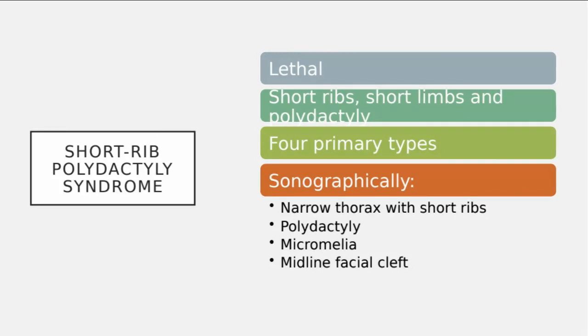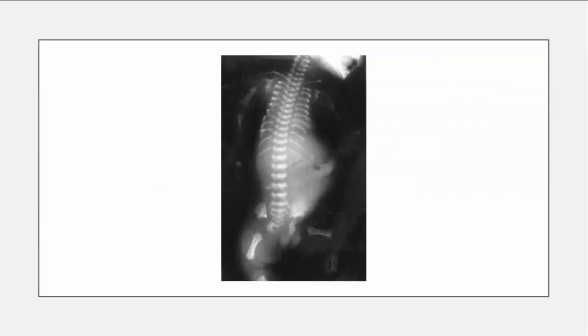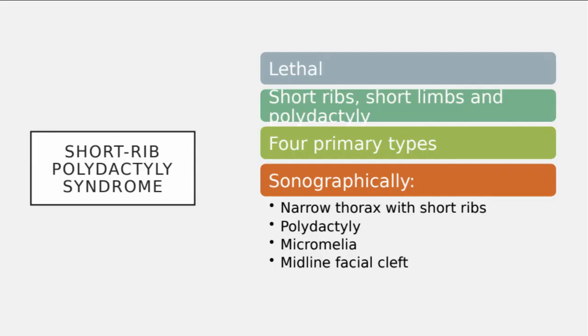So if you haven't noticed by now, a lot of these anomalies, we'll be sitting there going through the ultrasound appearance or the abnormalities that are associated with it, and you're like, oh, okay, that makes sense. Oh, that makes sense. That makes sense. And then you're like, and an abducted thumb. You're like, where does that come from? Like, where does a midline facial cleft come from when everything else we're talking about is the baby having short ribs and short extremities?